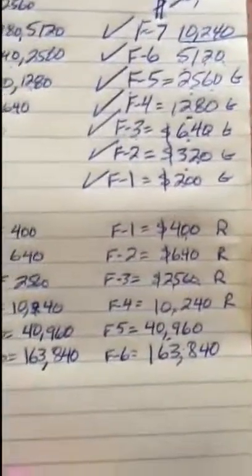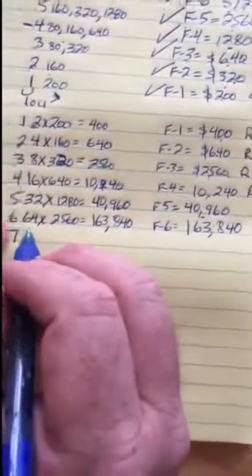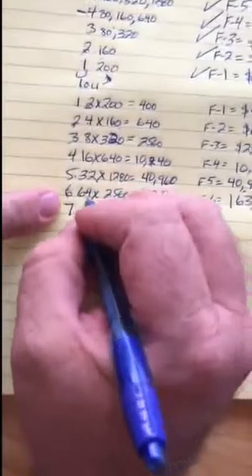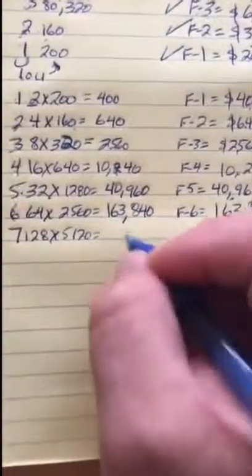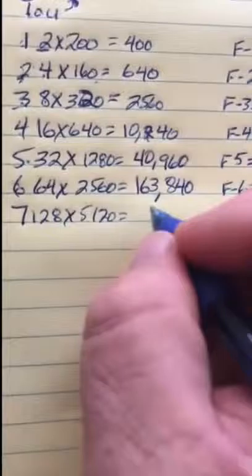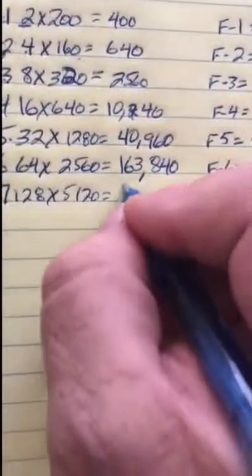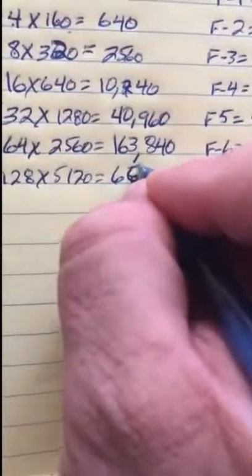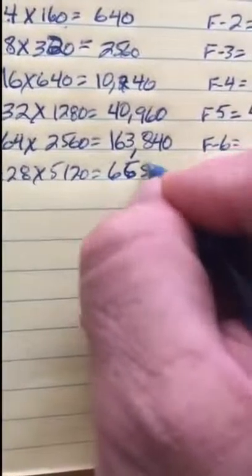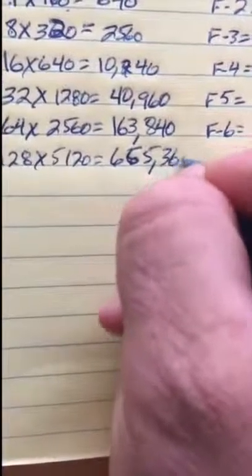And now let's go down here and take the 2 by 2 by 2, 64 times 2 is 128 people, times the target price of 5120 equals, get this, now this is crazy, I know, 655,360.